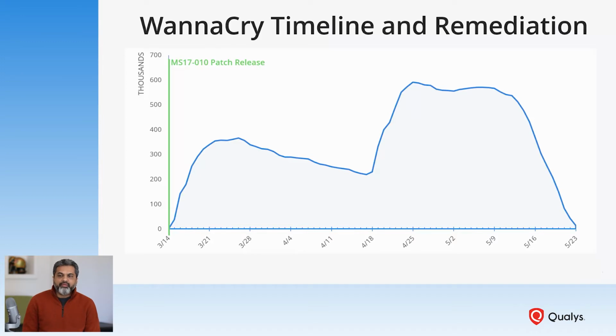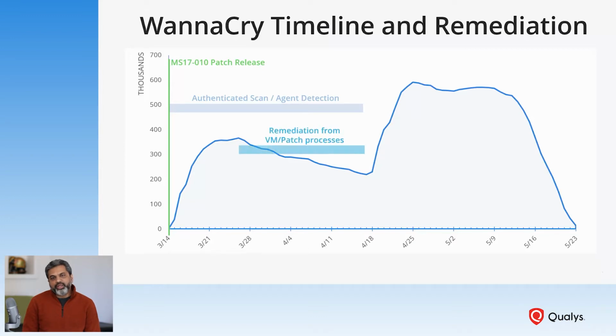You can see this curve, and this is data that we have put together, looking at the patterns that we see from a patching perspective and a vulnerability detection perspective. The initial check was an authenticated check. For customers doing authenticated scanning, we saw a big spike in detections. Then some had good programs, so they were patching slowly, and you can see the curve dip when people went into the regular patching workflow.